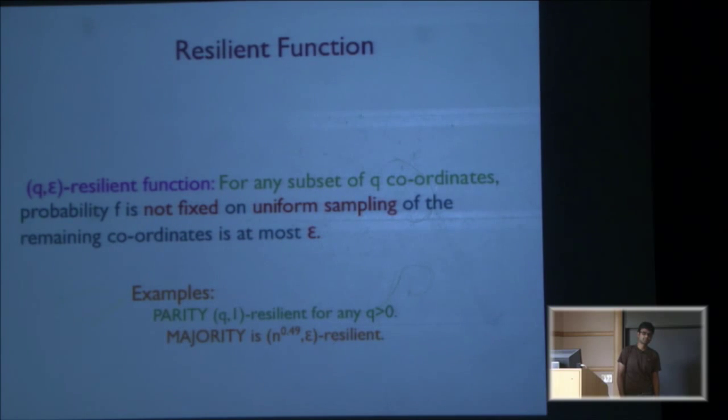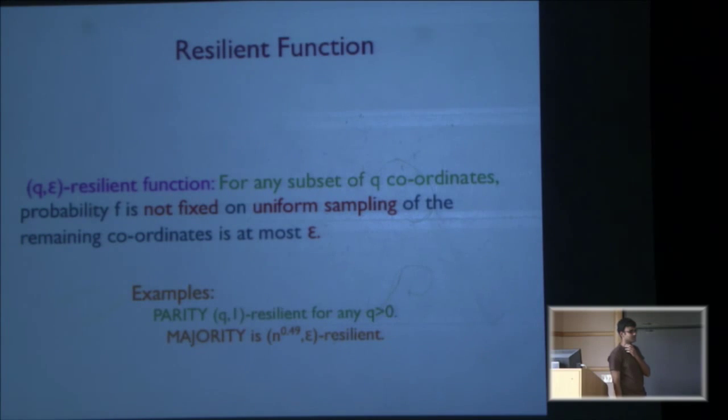You sample that, and you want this function to be fixed with probability at least 1 minus epsilon. Not fixed, you want it with probability at least epsilon.